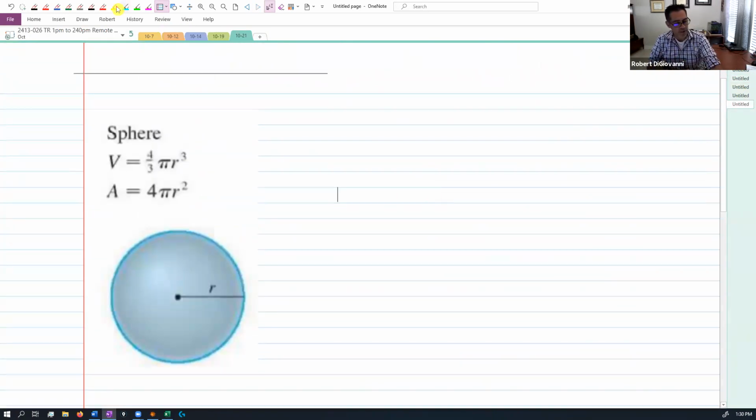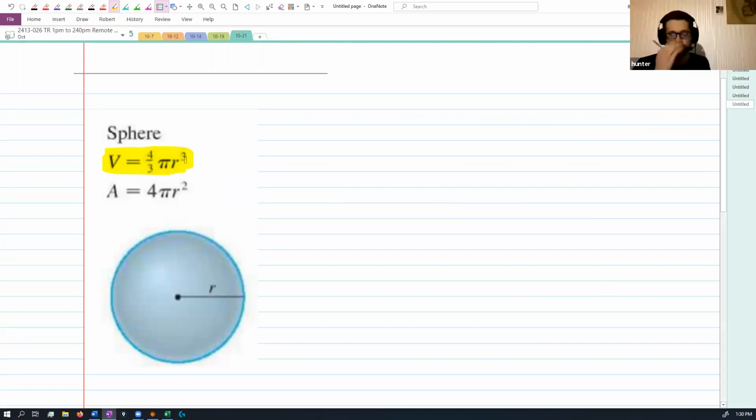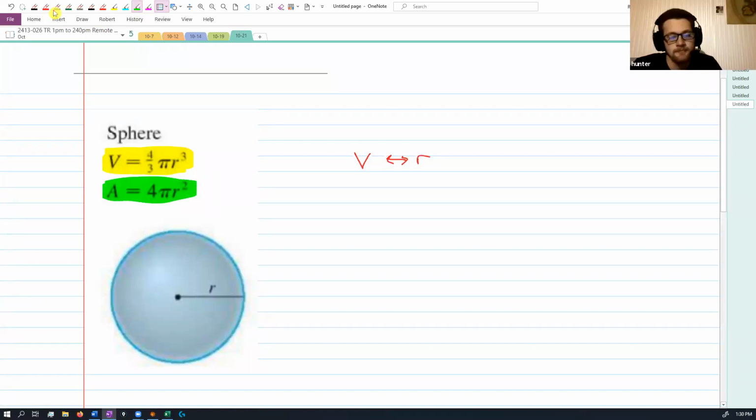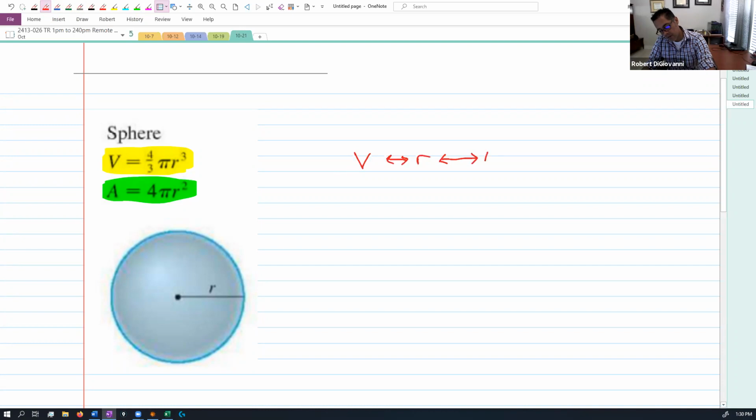The first equation connects the variable V and R together, so we have a relationship between V and R. And the second equation connects what two variables? A and R. So I have a way of getting from R to A, don't I, and A to R?